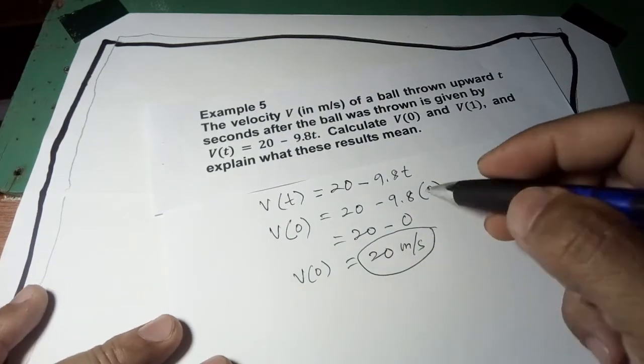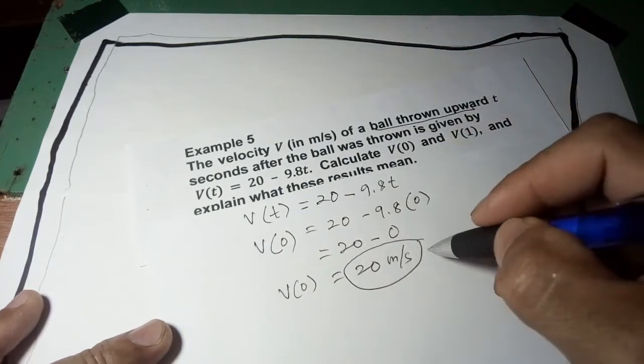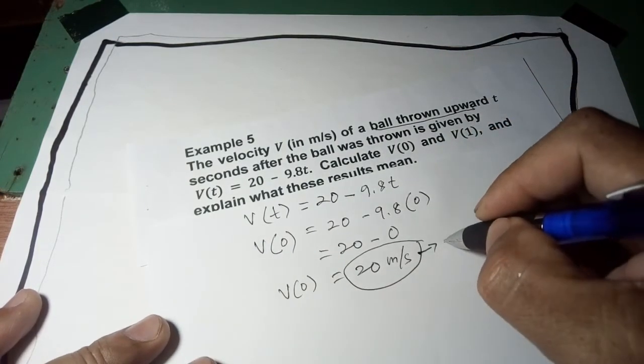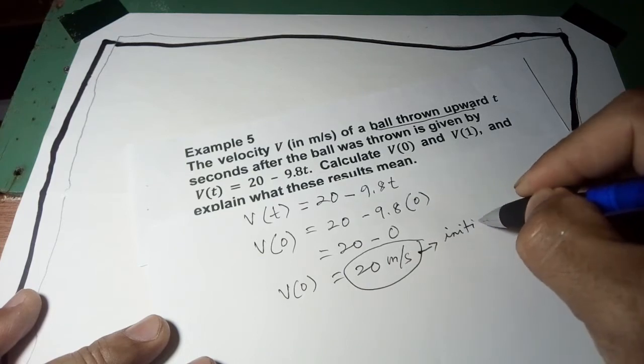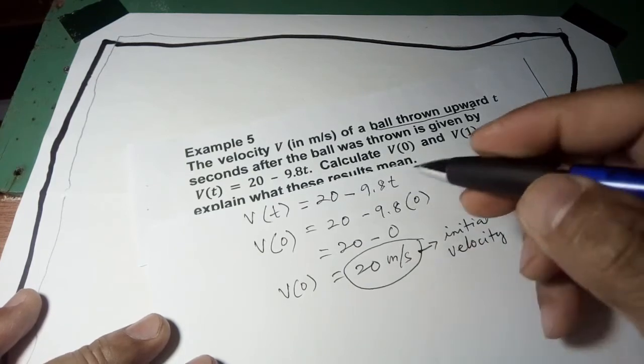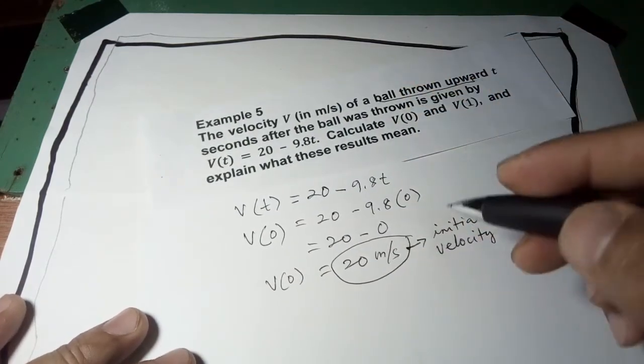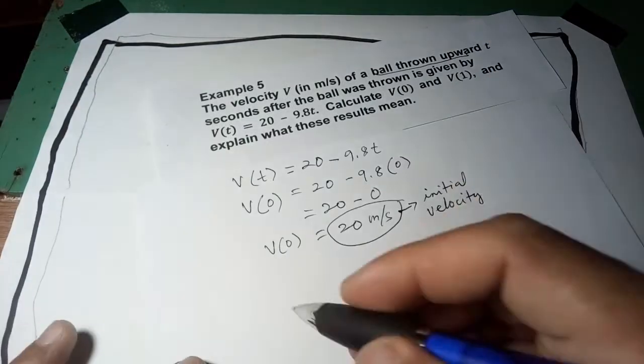This means that at the time when the ball is released, its initial velocity is 20 meters per second.